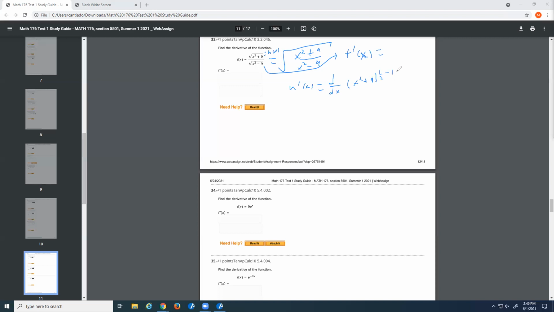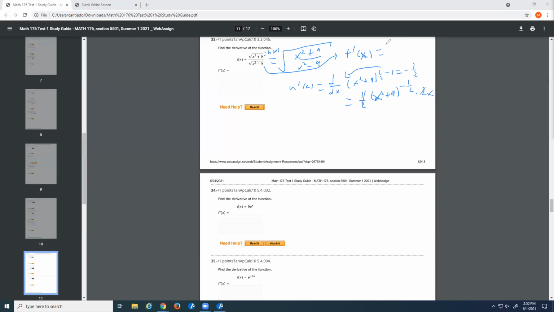So we'll subtract 1 to get minus 1/2, bring this to the front. So we'll be left with 1/2 times (x squared + 9) to the minus 1/2, and then multiply by the derivative of the inside because of chain rule, 2x. So at least the 2's cancel. And then we end up with this.